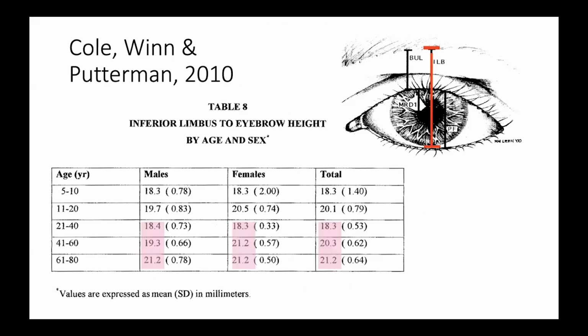And kind of what we found is that as patients were aging, contrary to what was thought, the eyebrow itself, this height, didn't descend really as we age. It actually got a little higher. And you say, well, that's kind of funny if we think everything is sort of drooping and falling with age.